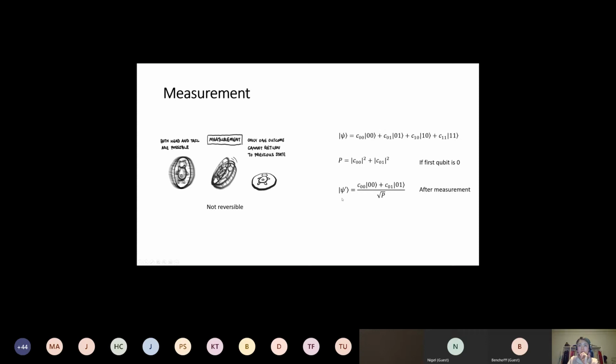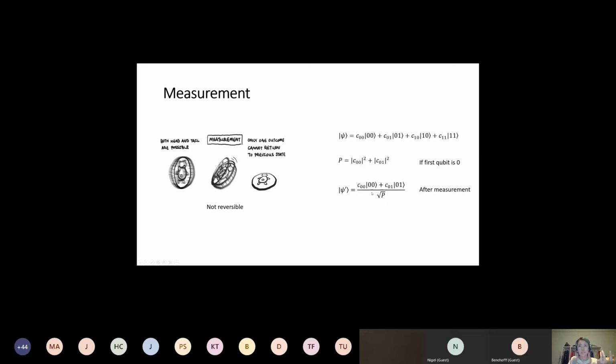You would then come to a new quantum state that would be these 2 possible states adding up. And you have to keep the probability sum to 1. That's why there is a square root of p now to normalize your system. So this is what happens after you measure the first qubit.